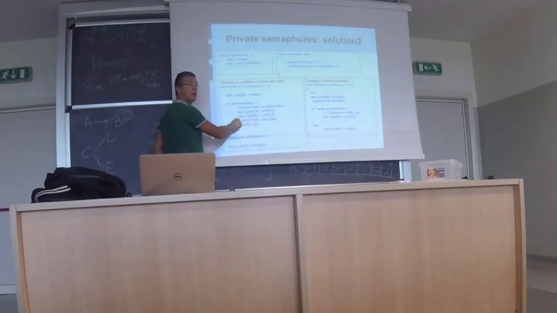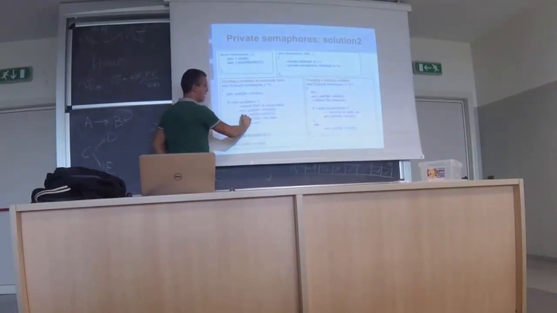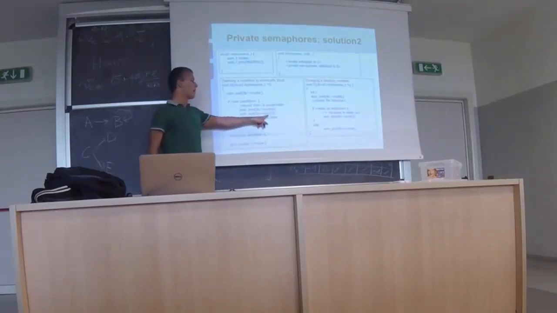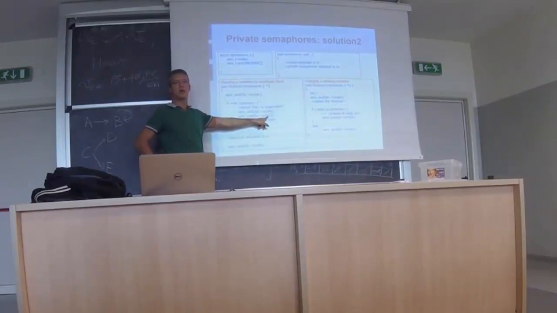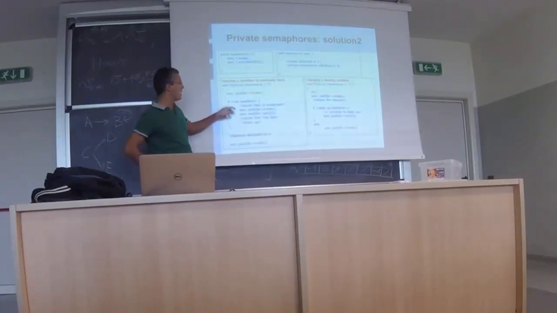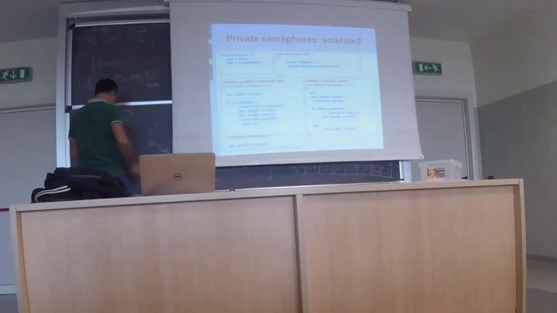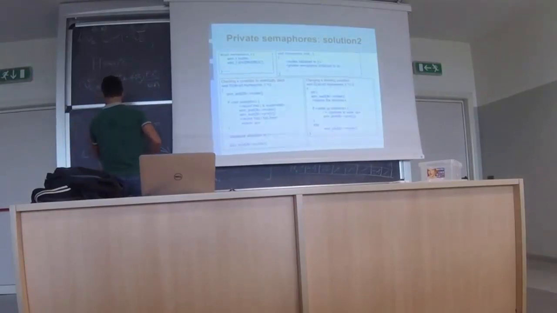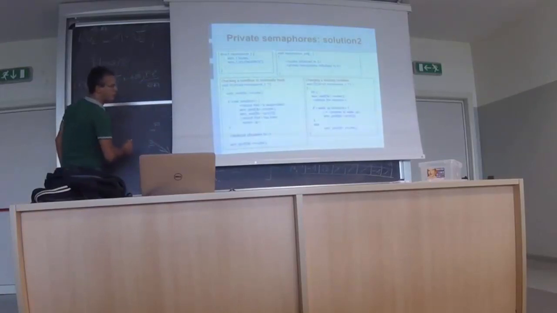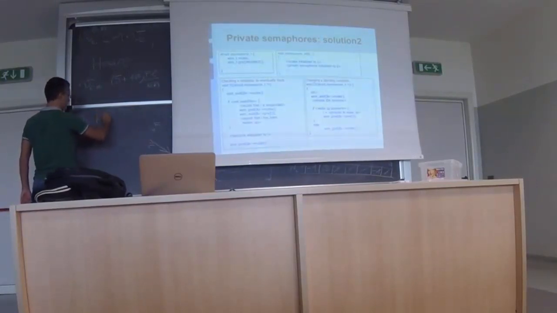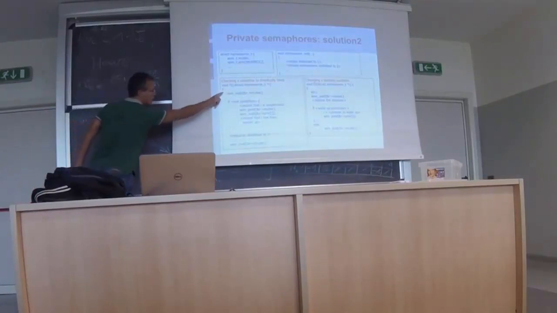So when I unblock, I have a post, a wait on the mutex. I'm unblocked on the private semaphore, but then I will again do a wait on the mutex. So it goes. In this paradigm, we have a wait on the mutex, which is this one.